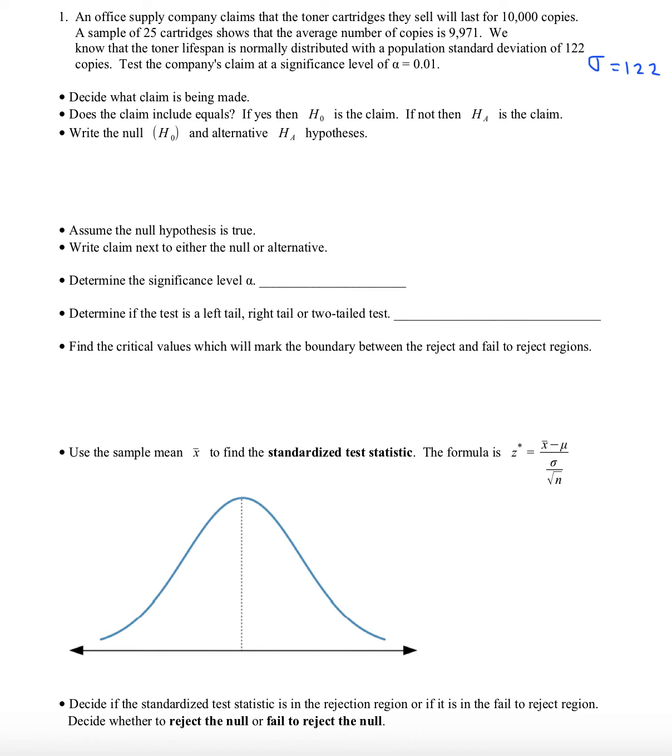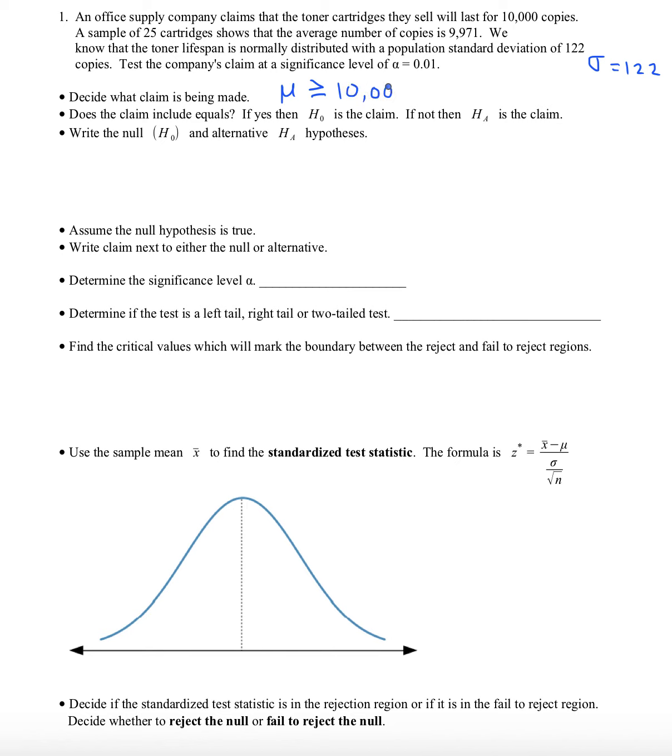The wording's a little tricky here. It says the office supply company claims toner cartridges they sell will last for 10,000 copies. So the way that I interpret that is the mu will be at least 10,000.